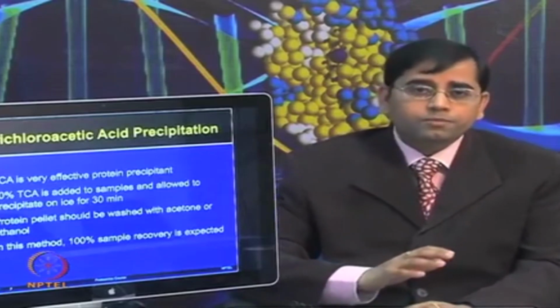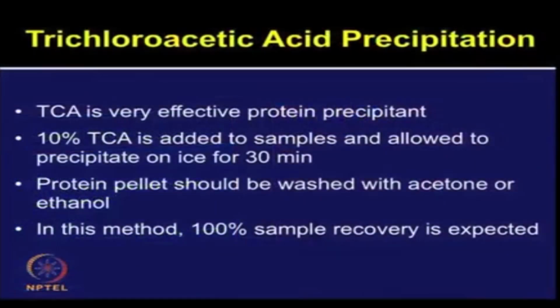Now, let us talk about TCA or trichloroacetic acid precipitation. TCA is a very effective protein precipitant. One can use 10 to 20% TCA; usually 10% TCA is added to the samples and then allowed to precipitate on ice for almost half an hour to 1 hour.